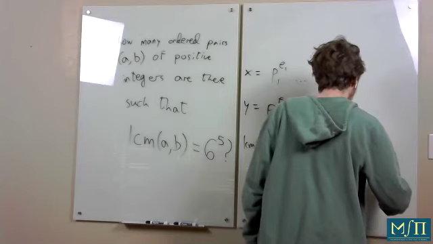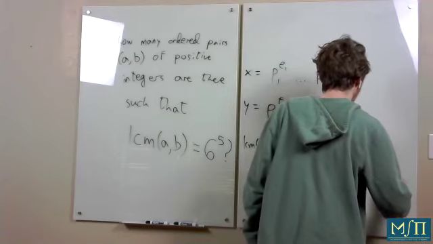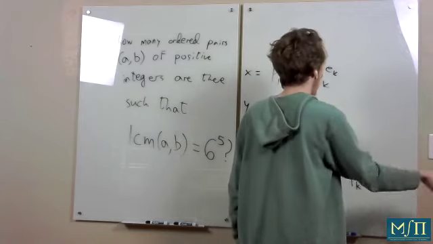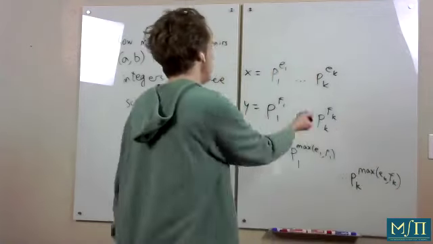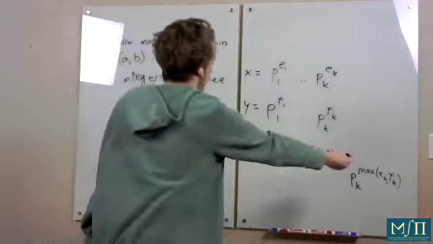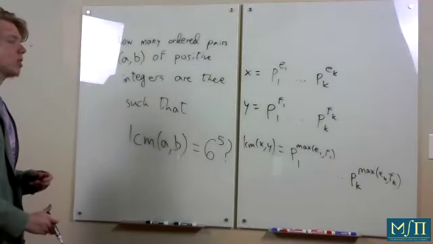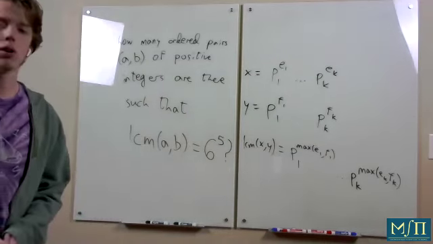And then we don't need any other prime numbers. We don't need to bring in some other irrelevant prime number, you know, q or something, and tack it on, because that doesn't help. So we can just say this number. Okay, so now we know this is equal to 6 to the 5th power.